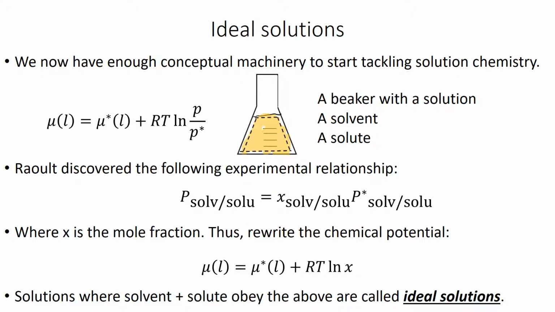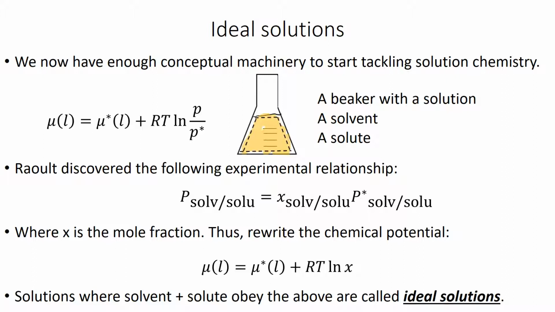And what we're going to do is just follow a key experimental result, which was discovered by a gentleman of the name Raoult. What he discovered was the following experimental relationship: the pressure of either the solvent or the solute is equal to the mole fraction in the solution multiplied by the saturation pressure.